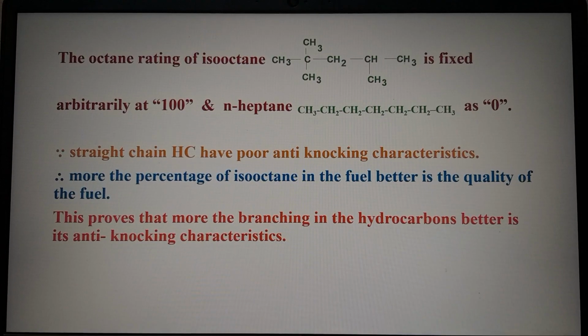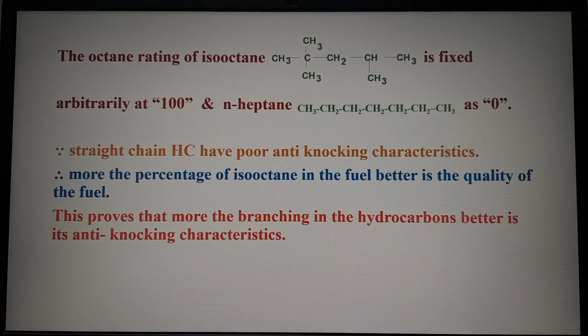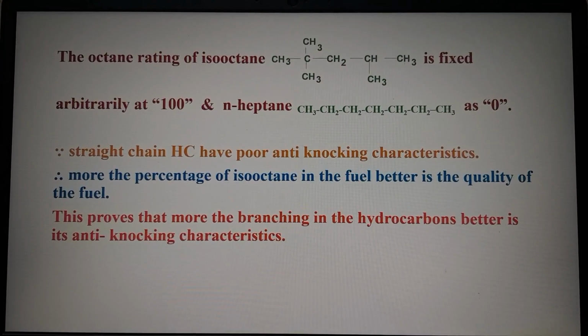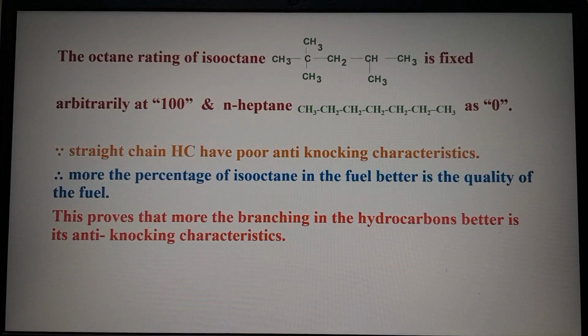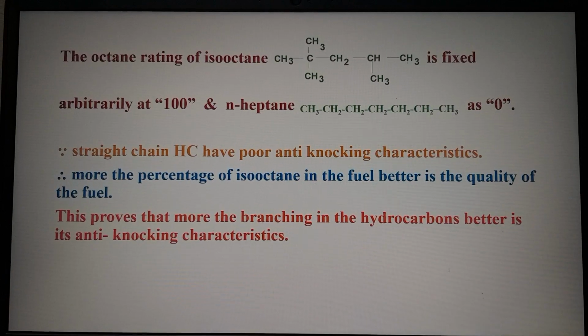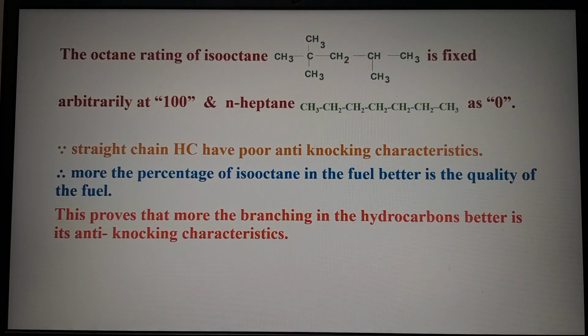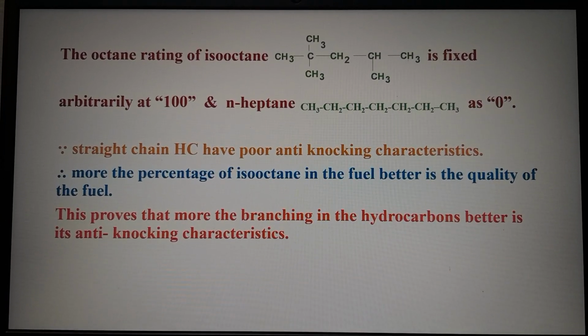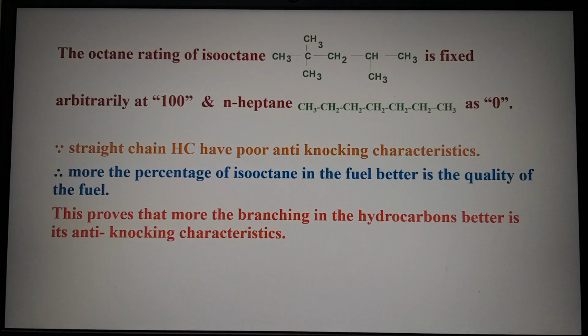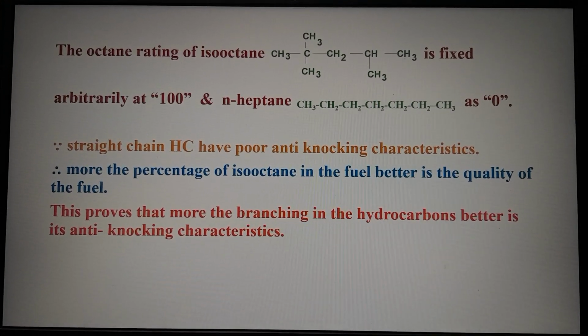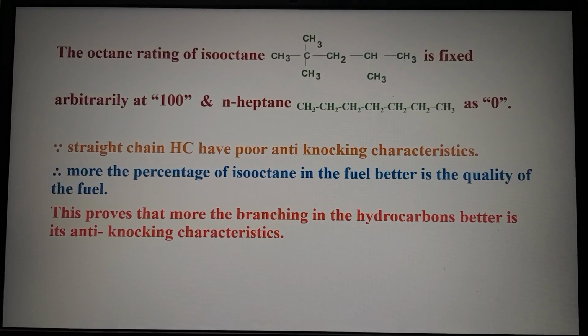In such a case, the straight chain hydrocarbon has very poor anti-knock characteristics. Therefore, if the percentage of isooctane in the fuel is more, better is the quality of the fuel. This proves that the more the branching in the hydrocarbons, better is its anti-knocking characteristics and better is the rating of the fuel, that is petrol.